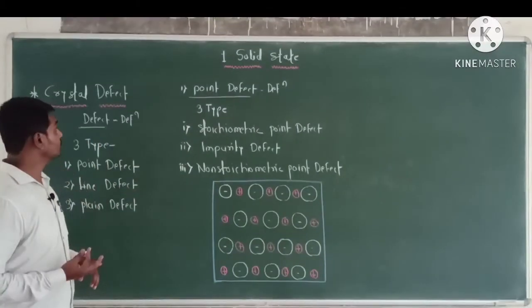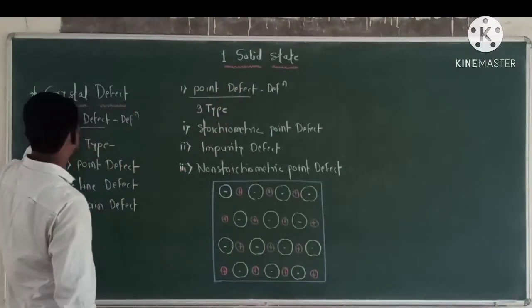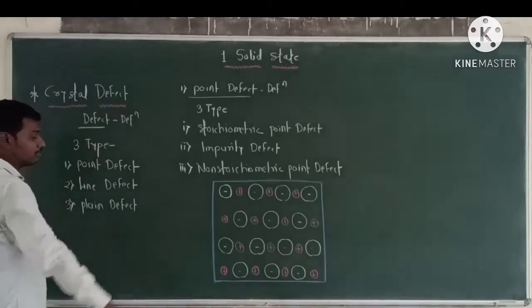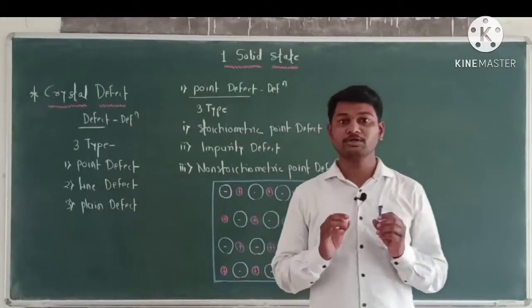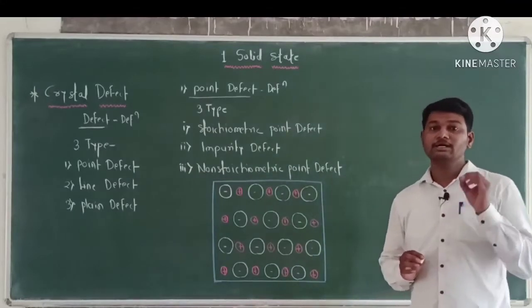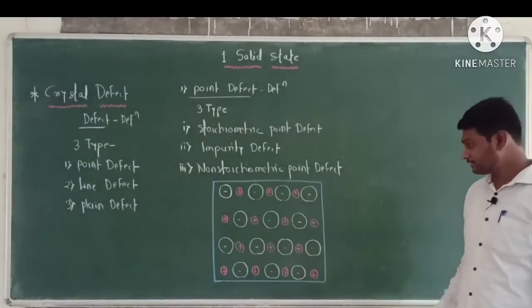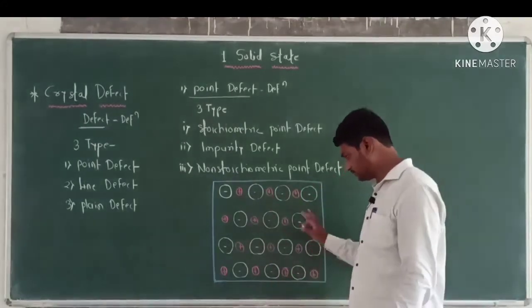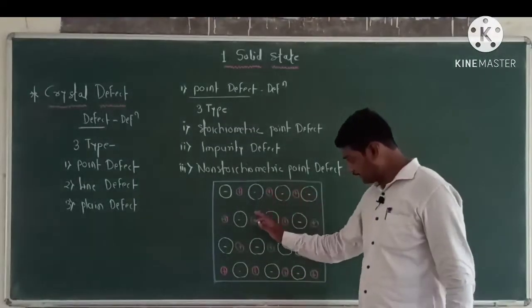Now today I am going to start a new topic of this chapter, that is crystal defect. First, the definition of defect. Defect is the irregular arrangement of constituent particles in a crystal solid. Let's see, in this diagram this is the crystal solid. In this solid all constituent particles are arranged regularly.